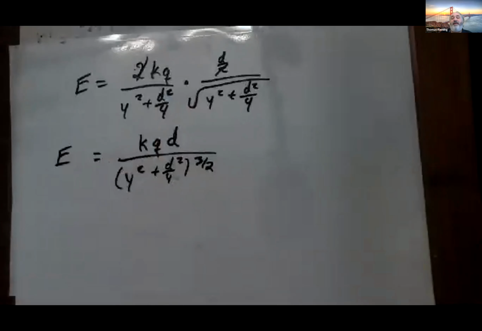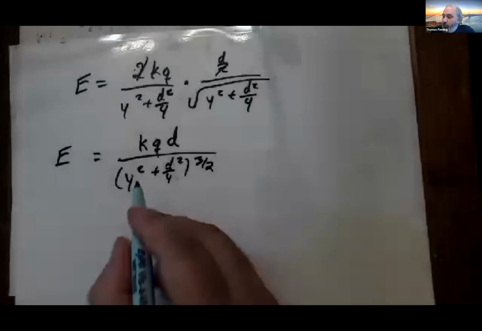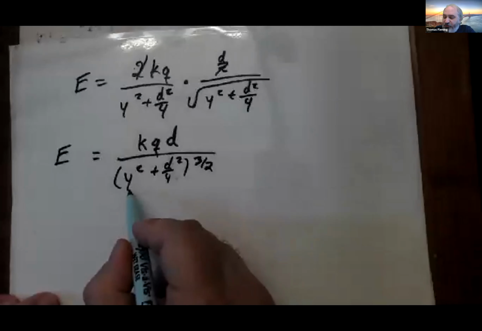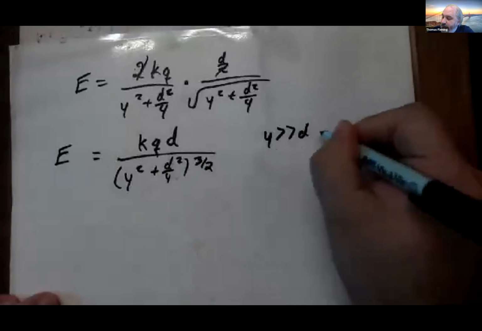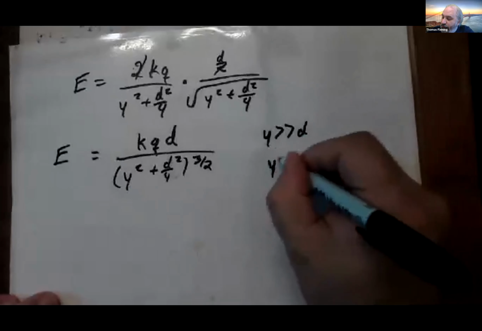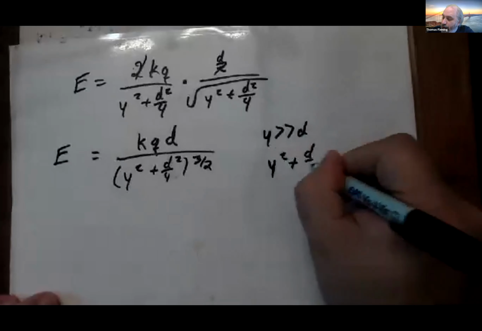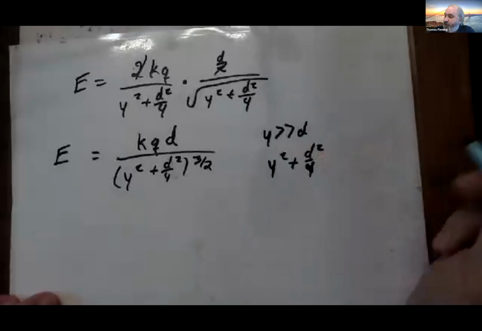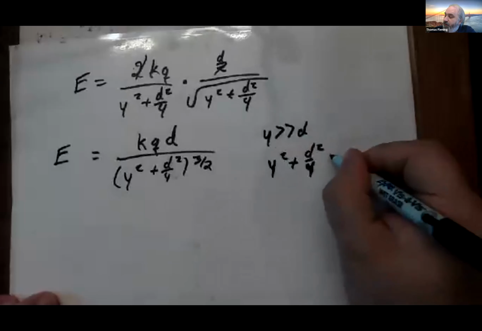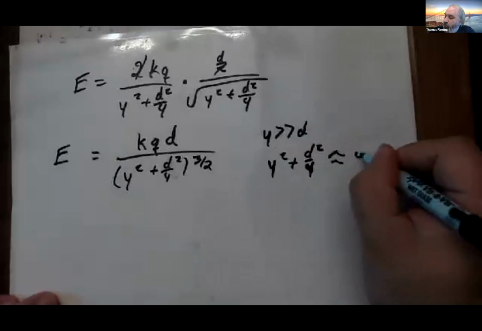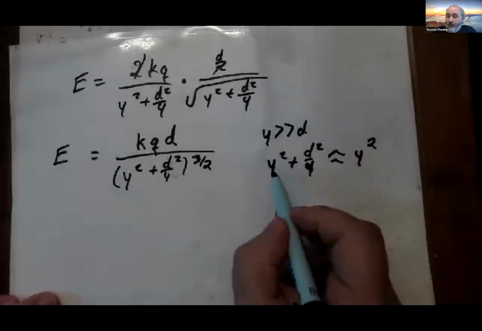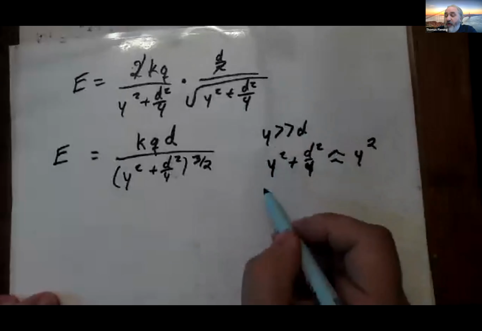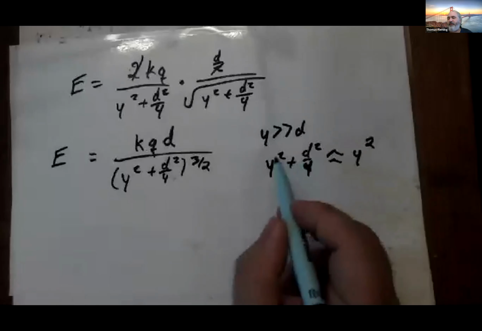Except, again, we're going to make the assumption that my distance from the axis, y, is way, way bigger than d. So if y is much, much larger than d, I can approximate that y squared plus d squared over 4 is approximately equal to y squared. Because I'm taking a huge number, squaring it, plus a tiny number squared, it's still basically the huge number squared.